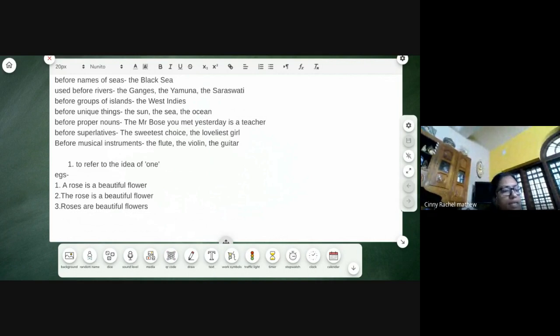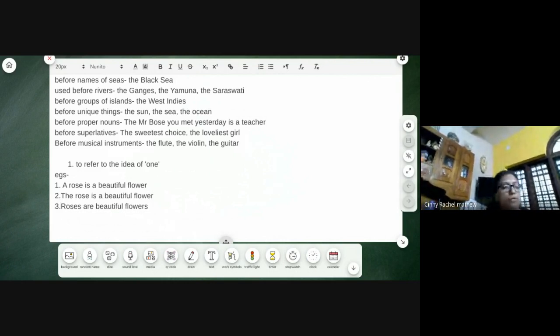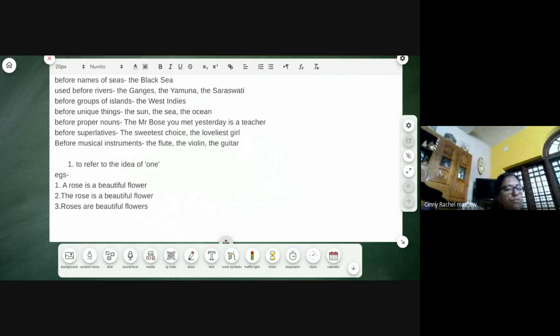And yet another rule regarding the articles shows the difference between the indefinite a and the definite the: when you refer to something for the first time, you use the indefinite article a, while we use the definite article the to refer to something for future reference.